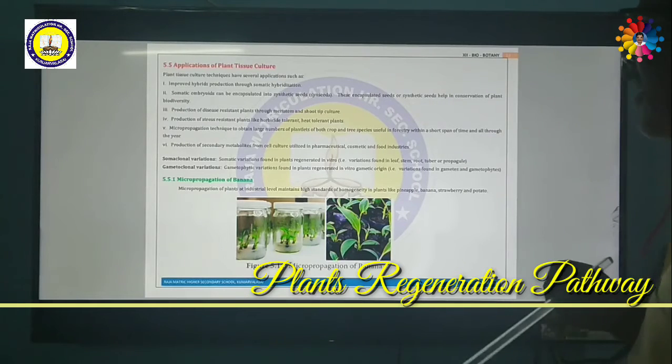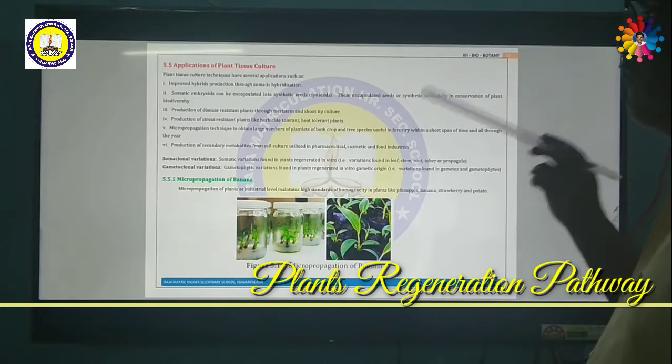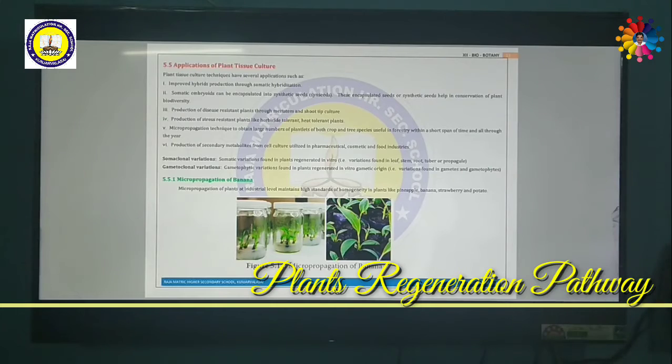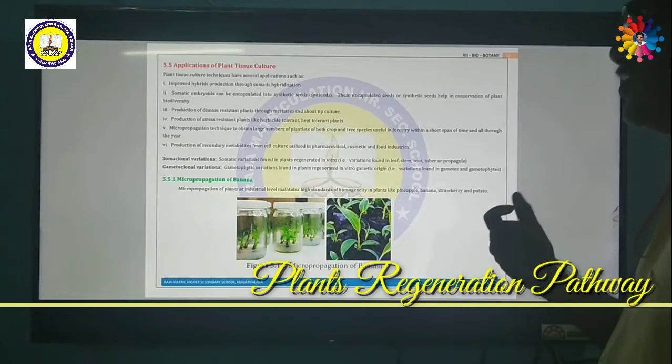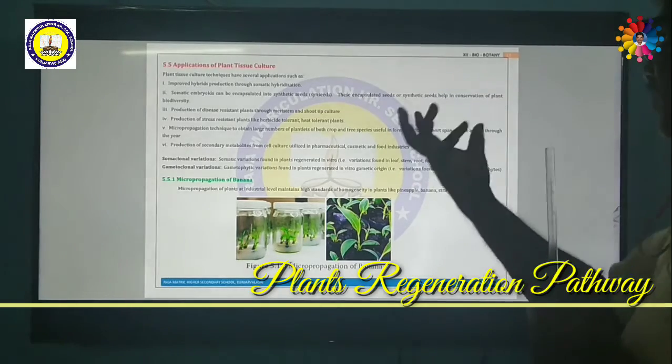Then production of secondary metabolites from cell culture, for utilization by pharmaceutical, cosmetics and food industries. There are two important differences. What do you mean by somaclonal variation and gametoclonal variation? Somaclonal variation means the plants which are produced by somatic propagation. Gametoclonal variation means the new plant produced by the fusion of male and female gametes to produce a zygote, and the zygote produces an embryo.